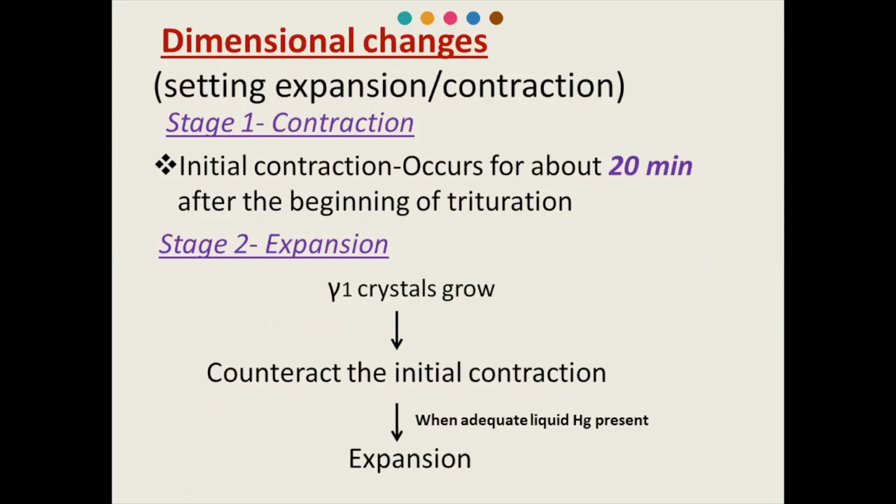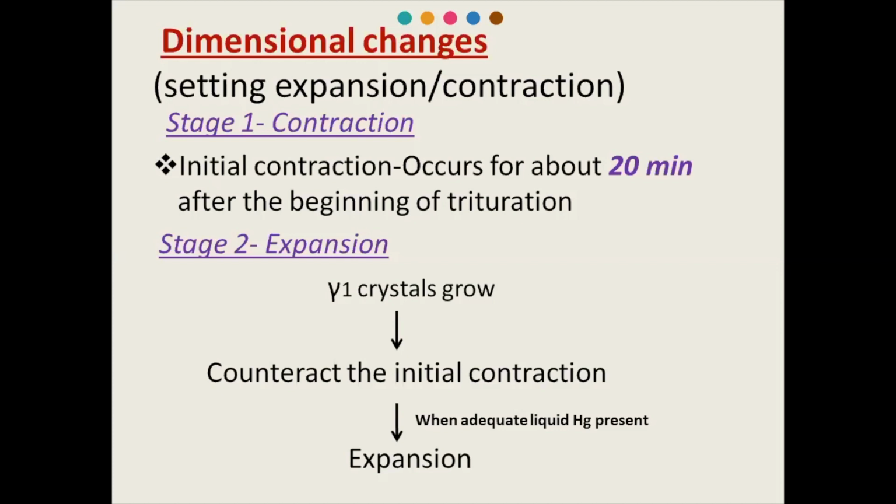Now the next property is the dimensional changes. Whenever you mix mercury with the amalgam alloy, it undergoes both changes, meaning expansion is also there and contraction is also there. So we will see these dimensional changes in two stages, stage 1 and stage 2. In stage 1 there is a contraction, and in stage 2 there is an expansion.